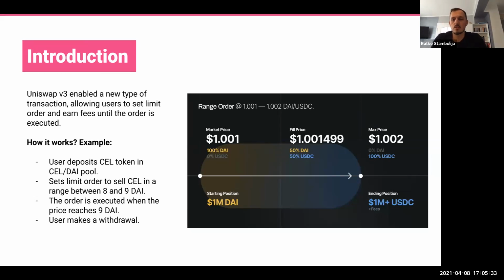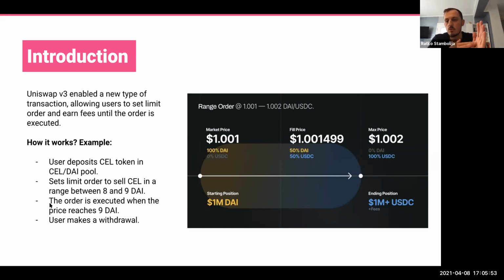Let's say that you have CEL and you want to exchange it for DAI, and you say, okay, I want to exchange it in a range between 8 and 9 DAI. You enter the pool with 100% CEL and 0% DAI.